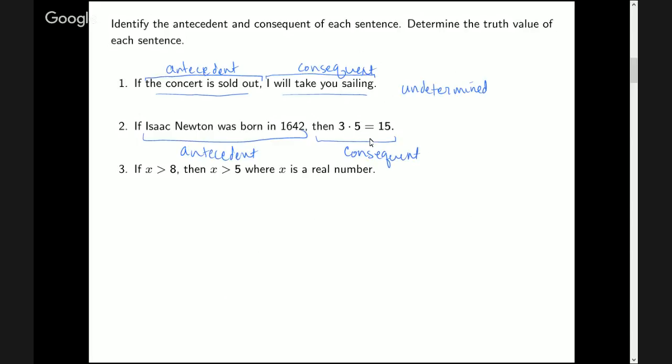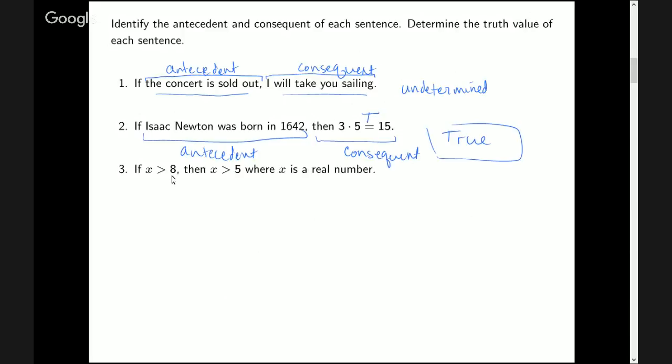Is that true or false? That's true. If the consequent is true, then the whole statement is going to be true because it means I have kept my part. So this is a true statement, even though we don't know when Isaac Newton was born. I don't know when he was born. Someone knows when he was born, but it's definitely not me. So this is a true statement.